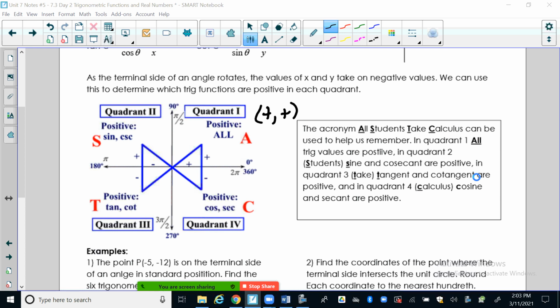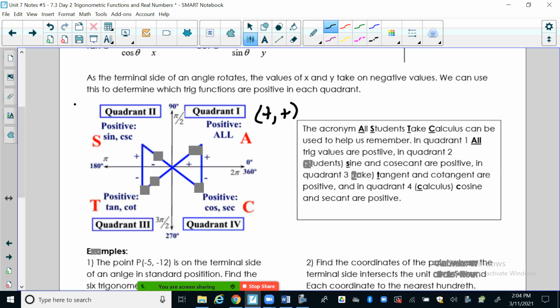In quadrant 2, again, remember from our unit circle, our x coordinates, my computer decided to freeze. There we go.